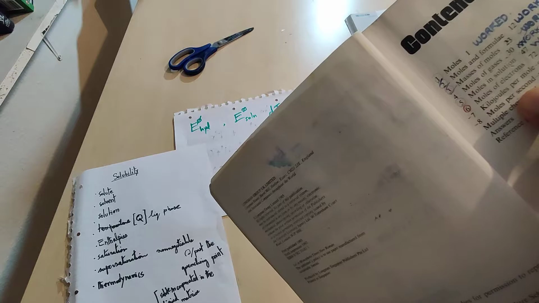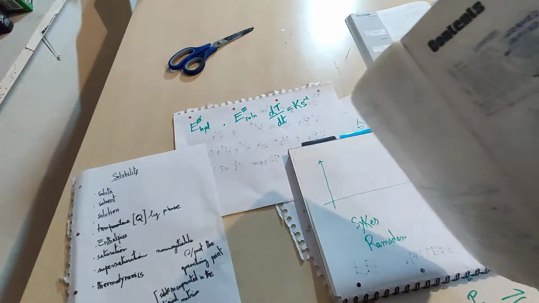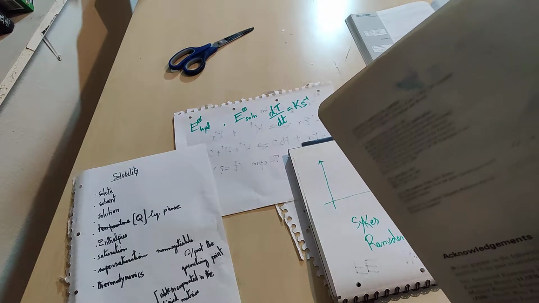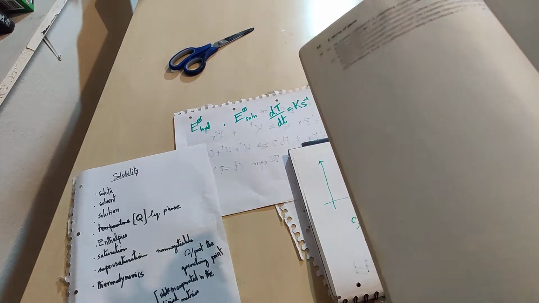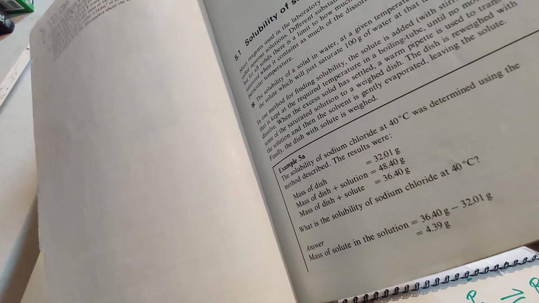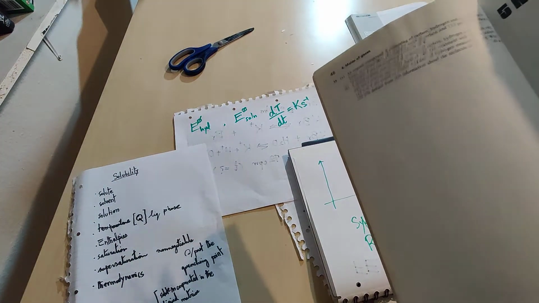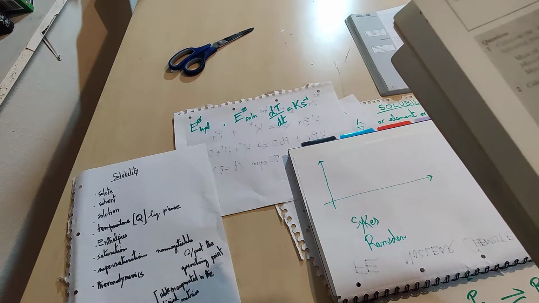Solubility is on page number 47. Solubility of solids, yes. And they make it slightly more technical, lab-based. You have to deduct the mass of the dish from the mass of the solution and solute. I didn't mention that, but you have to do it when you're working in a lab.